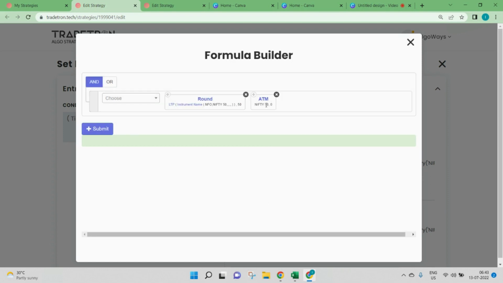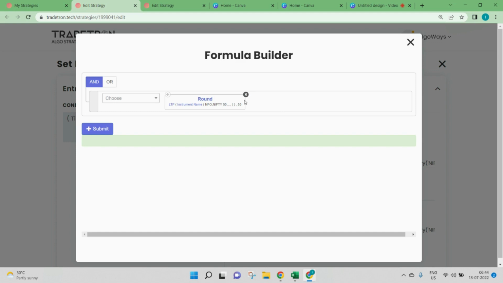So if we take this ATM Nifty 0, the second option, then the strike selection will be based on the future prices. Sometimes you will see that the future will be at a discount to the spot, or sometimes it may be at a premium to the spot. So both the strikes could be different. Most likely in normal market conditions they will be the same, but it can differ depending upon market sentiment.